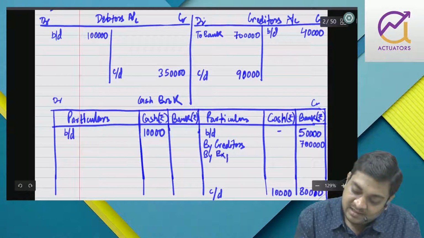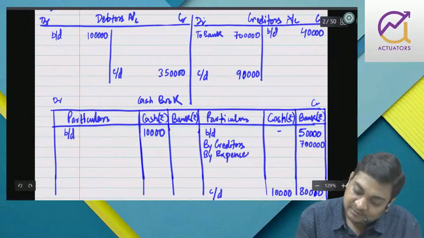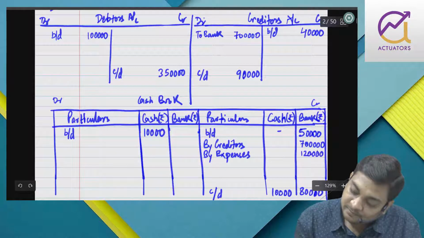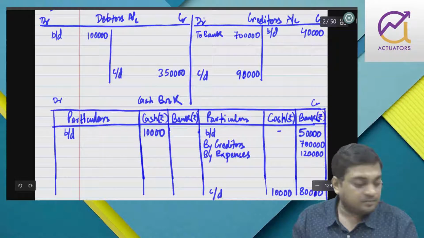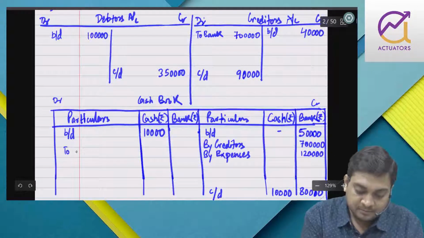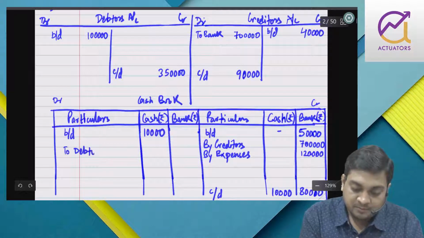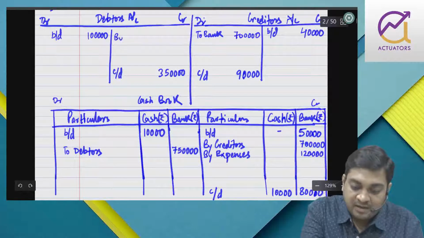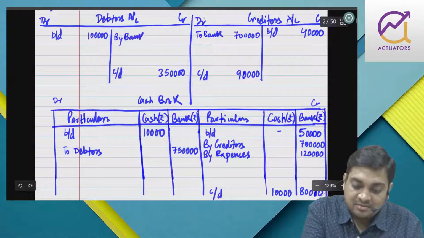So by expenses 1,20,000. Right? Received from debtor. So debtor is 7,50,000, and in debtors I will have by bank.